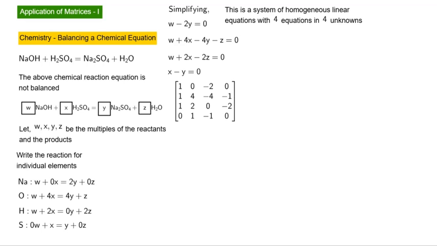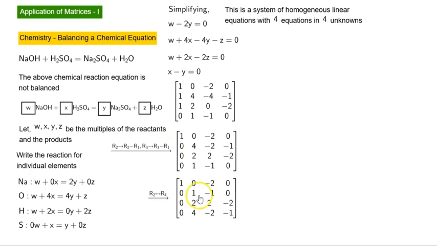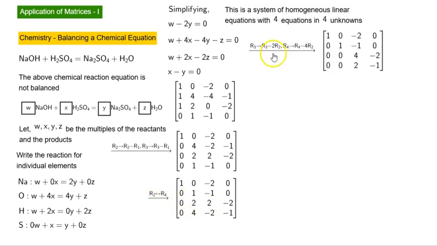Now we start reducing this by carrying out row operations. So R2 replaced with R2 minus R1, R3 replaced with R3 minus R1. Further reduction gives us, when we interchange R2 and R4, R3 replaced with R3 minus 2R2, R4 replaced with R4 minus 4R2.